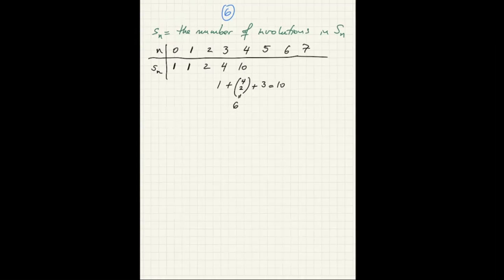Well, here's a proposition. We can try to work out a recurrence relation for these numbers. Let's say for n greater or equal to 2, we'll prove that Sn equals Sn minus 1 plus n minus 1 times Sn minus 2. Okay.